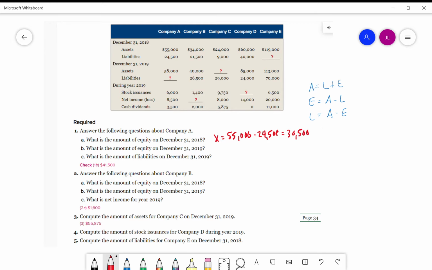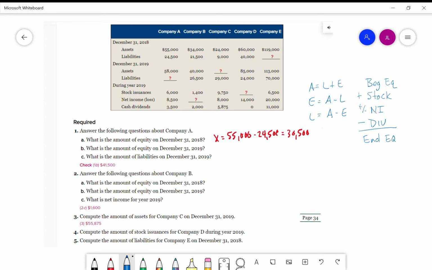Now part B says, what is the amount of equity on December 31st, 2019? We don't have our liabilities here, so we've got to figure out what to do. I'm going to put something here on the side. We can look at beginning equity, add the stock issued, add or subtract net income, and then subtract dividends to give us ending equity.